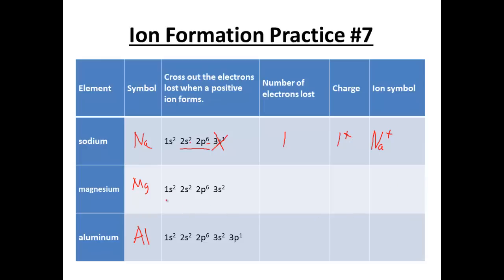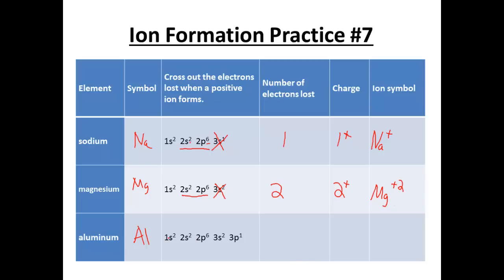Magnesium is 1s2, 2s2, 2p6, 3s2. We notice the 2s2, 2p6. If magnesium was to lose these 2 electrons, it would have that outer valence of 8. So losing 1 electron was plus 1, losing 2 is plus 2. When we write magnesium, it's going to be a plus 2 charge.